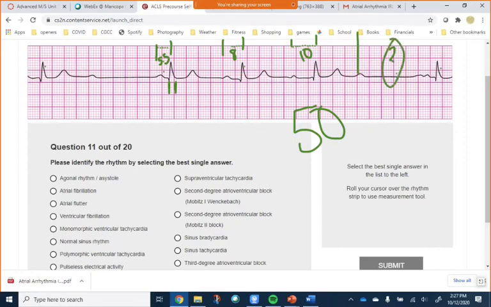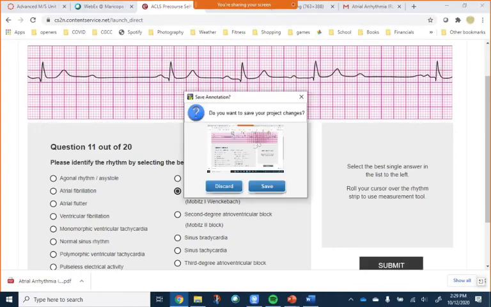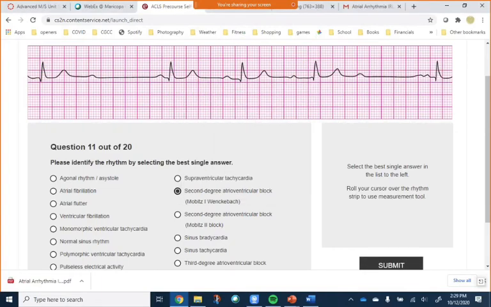So what are you thinking? Longer than you drop? Now you have a Wenckebach. It's longer than you drop. Did we get that one? Because there's a couple of type 2s in there.